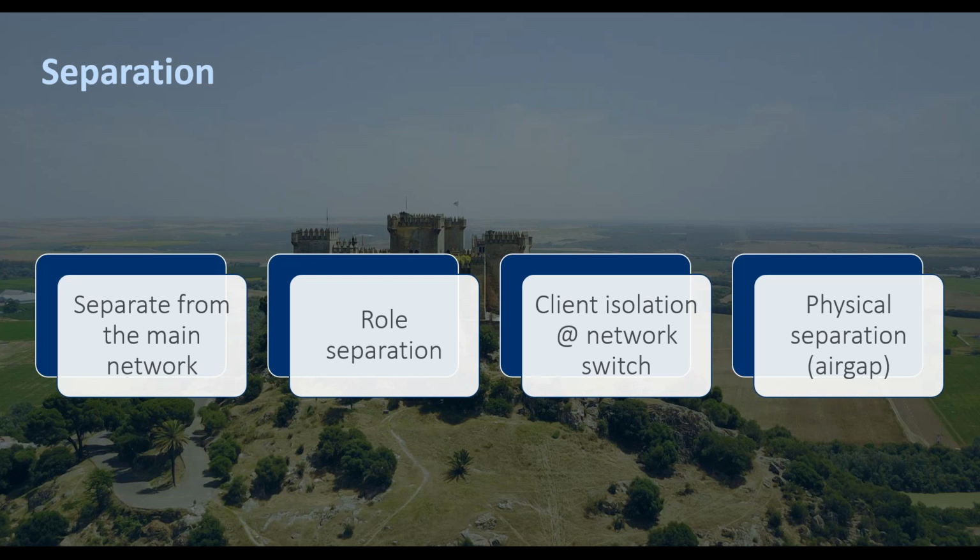Ideally, use things like client isolation at the switch level to prevent the items talking to each other, so that they can only ever talk upwards. Have very restrictive firewall rules preventing them from communicating to other networks, and maybe even to the internet. Stop all that communication other than what is absolutely necessary for maybe the AV updates or any other software updates that may be required on that particular device.